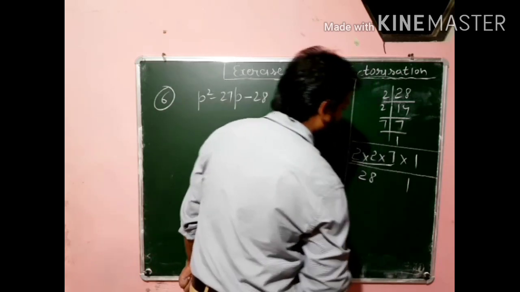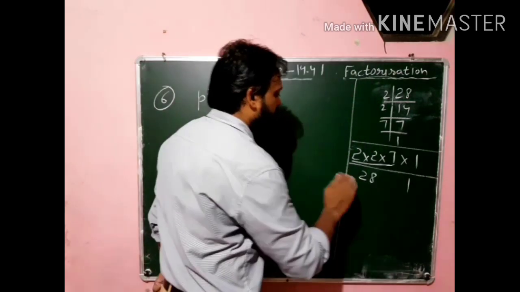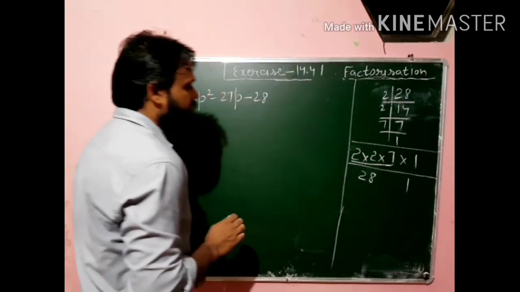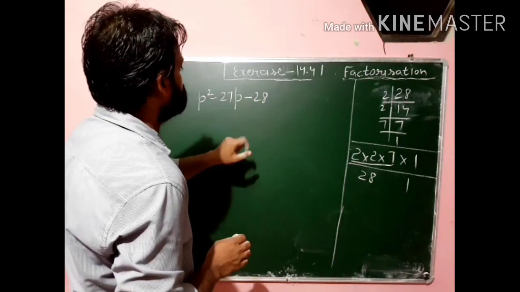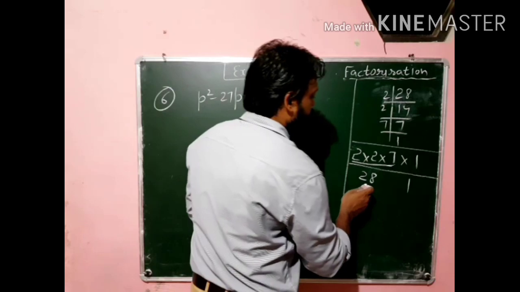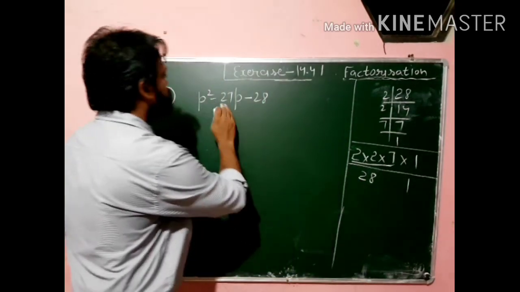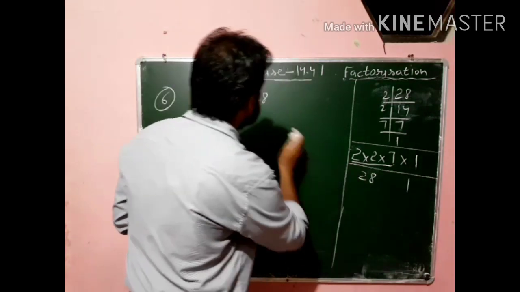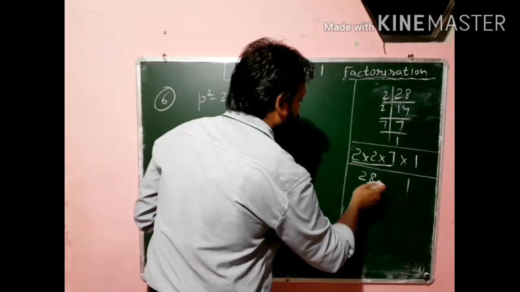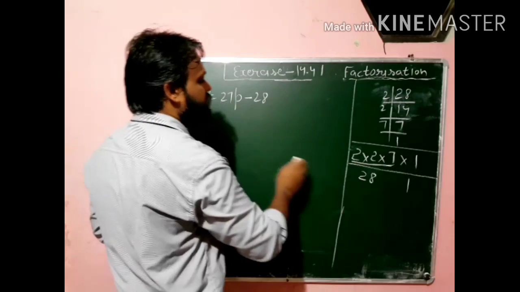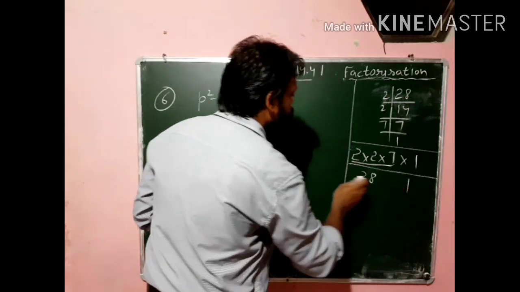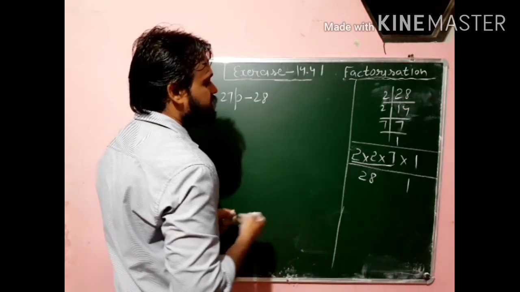So like this way we can separate the terms and we find this 28 and 1. So is it satisfying this condition? You have to see this one also. After subtracting 1 from 28, of course we got 28 minus 1 is 27, and 28 ones are 28. So after subtraction we got 27, and after multiplying these two terms we got 28. So both conditions are satisfied.